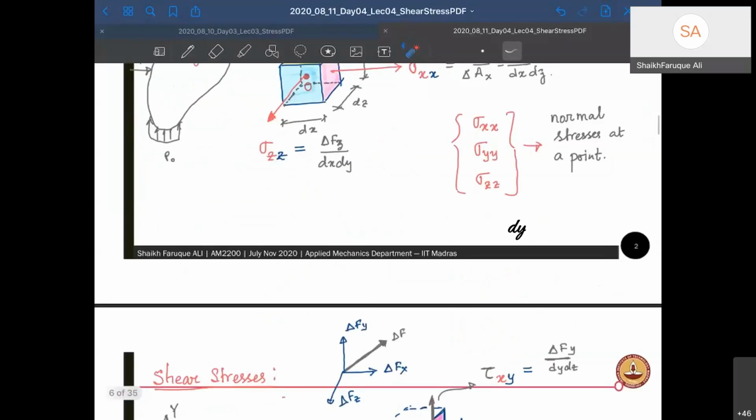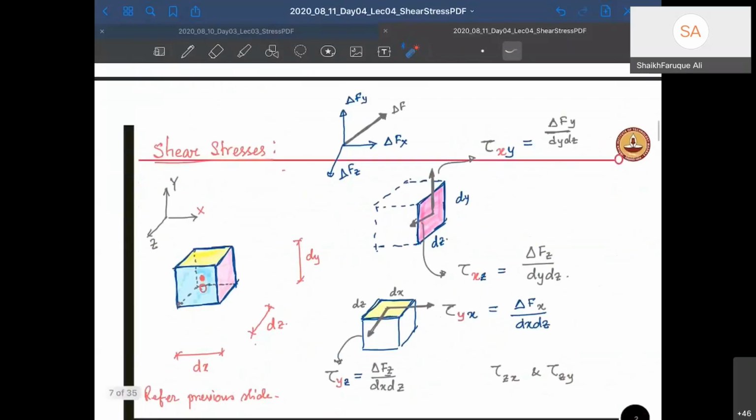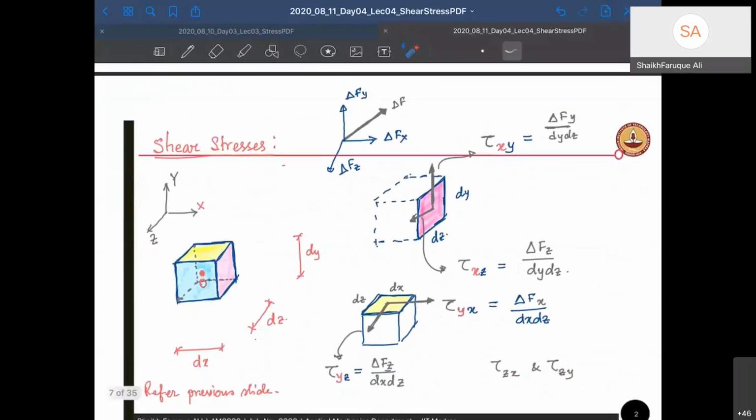In the same way, we have looked into shear stresses, and we said there are 6 shear stresses along various surfaces, right? Each face will have 2 shear stresses, because there will be 2 directions of forces grazing the surface. Like here, there is one grazing the surface, and the other one is grazing through the surface.